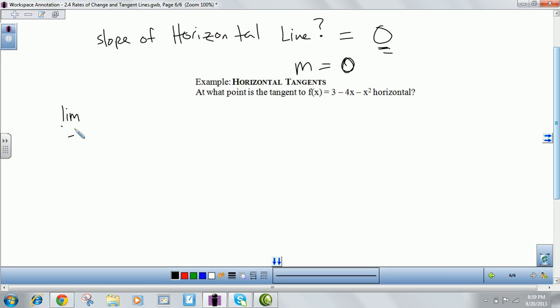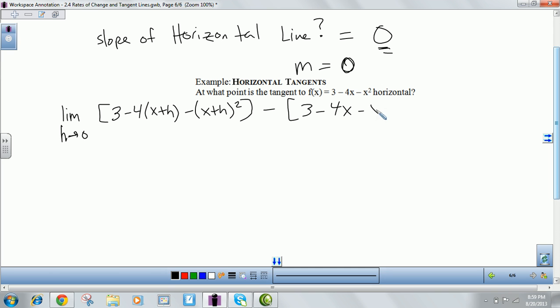The limit as h approaches 0, and f of x plus h, so I'm going to put x plus h in there for x. This is going to be 3 minus 4 times (x plus h) minus (x plus h) quantity squared, minus f of x, so I'm just going to keep everything as x.